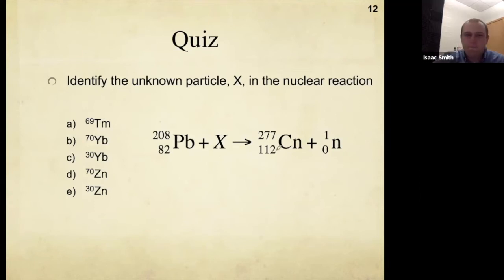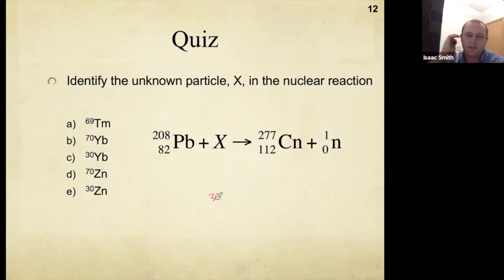Okay. So we just add up the number of protons on the right side, and we have 112 protons plus 0 is 112. Okay, and then we have an 82 over here. So what do we need? Basically, you need to know what do you need to add to 82 to get 112? Or do 112 minus 82, right? Either way, you're going to get 30.